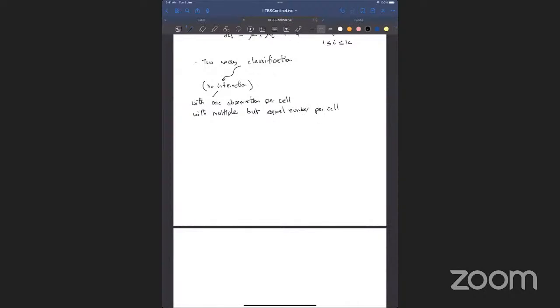And you could also build it with multiple but possibly unequal number of observations per cell. So let's write that down. You could build multiple first, but unequal number per cell. This is the no interaction one.